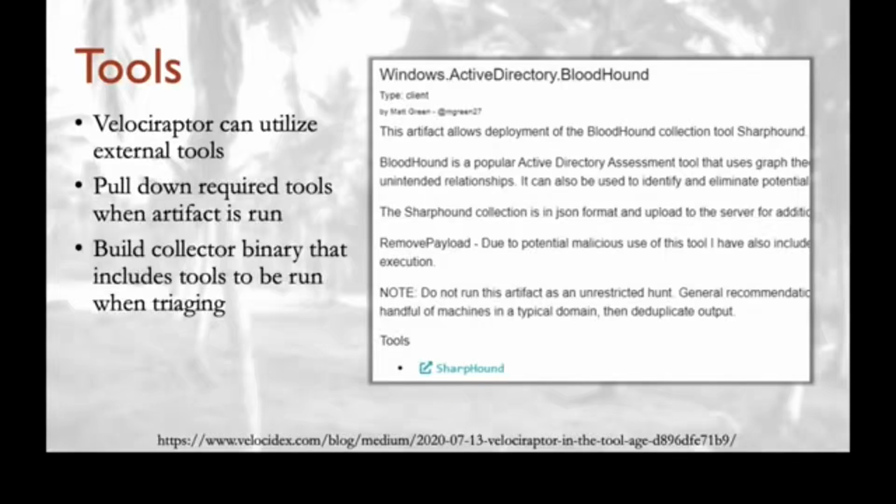We want to include that with our Velociraptor collector exe, and maybe we want to be able to triage the host with that binary. We can do that. We can wrap those tools in there. And if we want to install Sysmon on a host and deploy that out to a bunch of different hosts, or deploy it during an engagement where we don't have a bunch of visibility, we can do that. We can wrap that in and have that additional visibility, that additional capability whenever we're performing that investigation, and it helps us get closer to the ground truth, right?